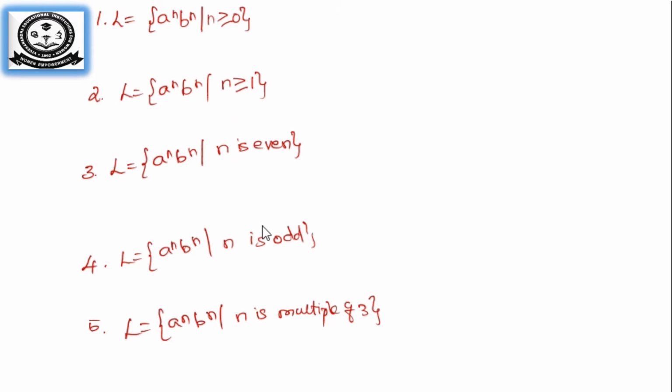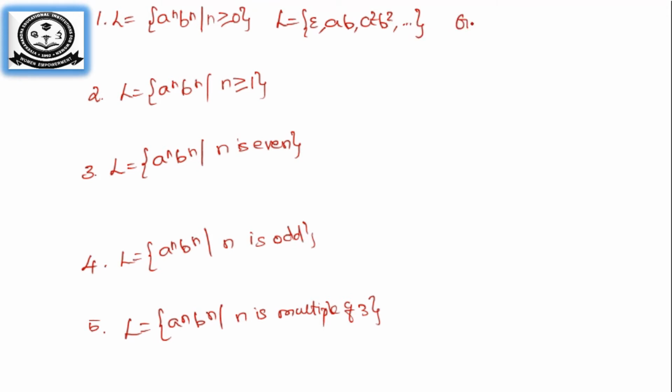Let us quickly see what was the grammar generated for the given language. For the first one, it starts with 0, so you can have an empty string. So we'll start substituting 1, 2, 3. If N is equal to 1, it can be AB. So you will have the string AB, then A square, B square, then it goes on.